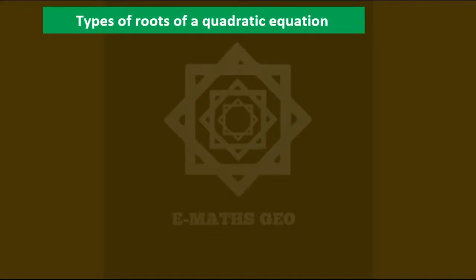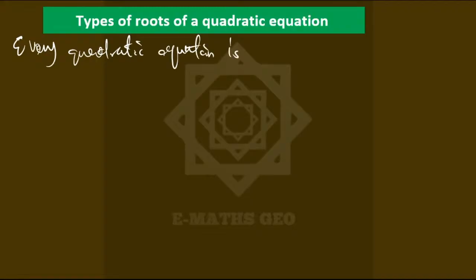Every quadratic equation is always in the form of ax squared plus bx plus c equals 0.